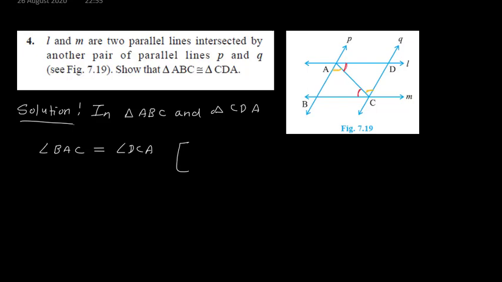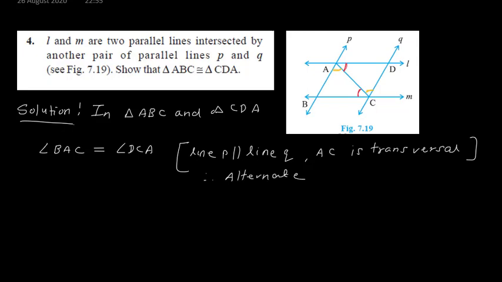P and Q. So here you can say that line P is parallel to line Q, AC is the transversal, so these two angles are alternate angles, therefore alternate angles are equal.